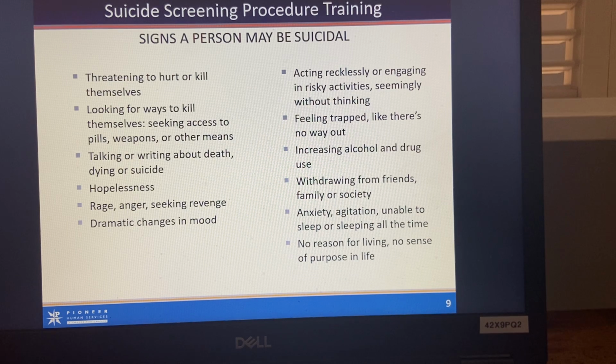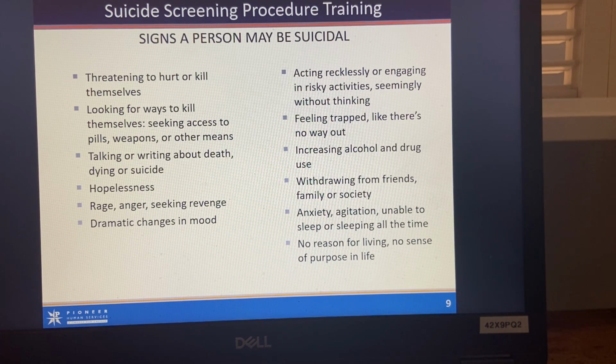What we need to remember about seeing these signs is determining whether or not they are dramatically or drastically different than how a person presents in their normal day-to-day life. It's very important for all of us to get a sense of what our clients are like on a day-to-day level, so that we can determine whether or not an individual may be experiencing a sign that they may be suicidal.